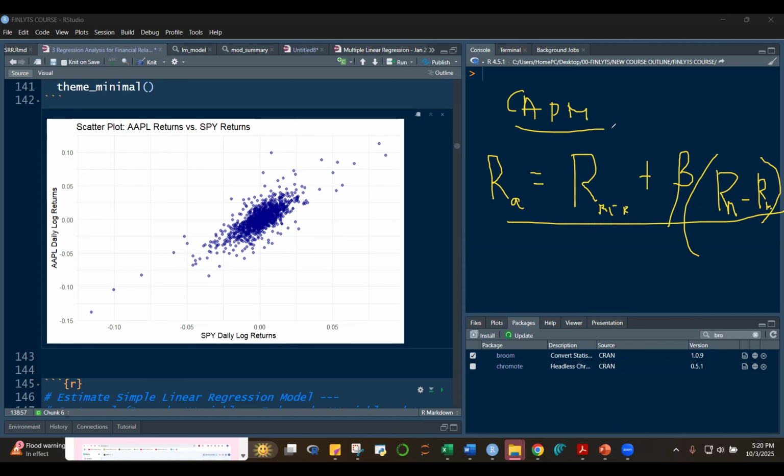This is your capital asset pricing model. And this is just a simple linear regression. This one. This is your Y sub i. This one, this is your beta null. This one is your beta 1. And the excess returns, return on the market minus risk-free rate, this is your X sub i.